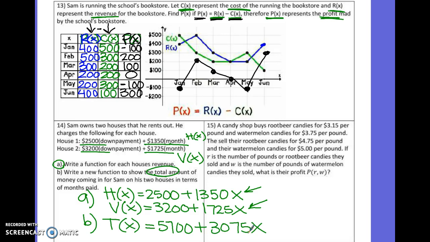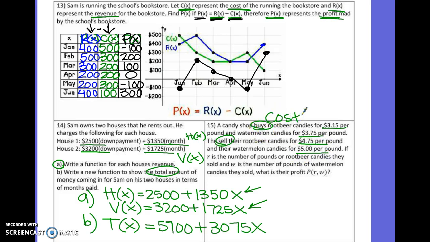That's our new function. Okay, a candy shop buys root beer candies for $13.50 per pound, watermelons for $3.75 per pound. They sell root beer candies. Okay, so they buy them and they sell them. So buying means that's our cost.